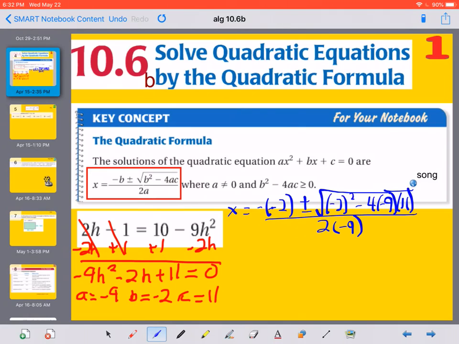So what we're going to get is positive 2 plus or minus the square root of 4.